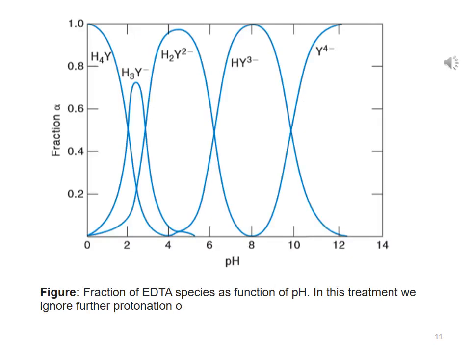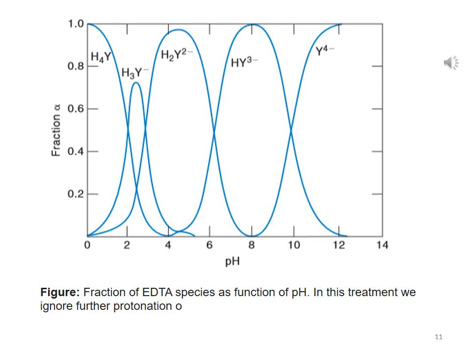In this figure, we can see the fraction of each form of EDTA as a function of pH. pH is on the x-axis and the fraction of each form of EDTA is on the y-axis.